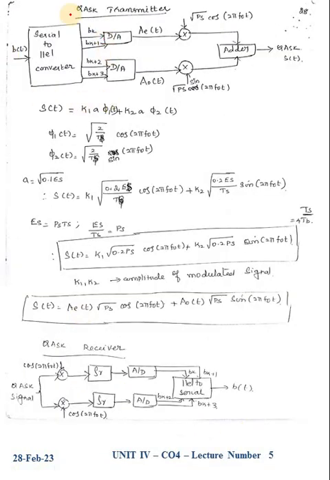So this is the block diagram of the QASK transmitter. It consists of a serial to parallel converter, digital to analog converter, then we have a product modulator and summer. This is for converting the binary streams into parallel combinations of symbols, that is, we are going to modify the phase as well as amplitude.